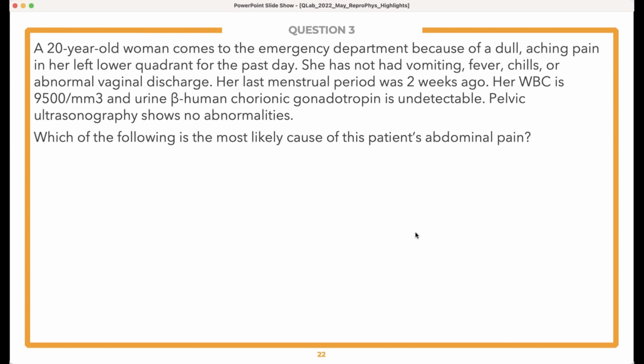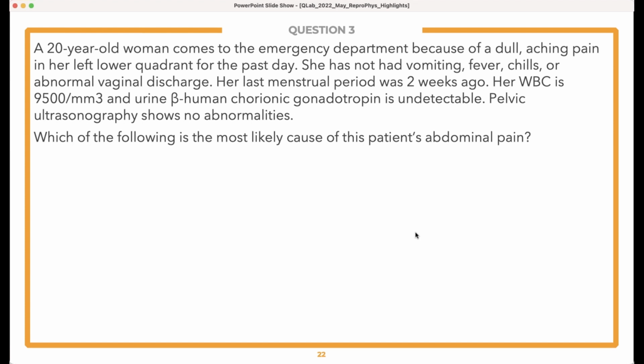Take a good look at that question and think about the type of data that you might be looking to parse as we read the vignette. A 20-year-old woman comes to the emergency department because of a dull, aching pain in her left lower quadrant for the past day. She has not had vomiting, fever, chills, or abnormal vaginal discharge.